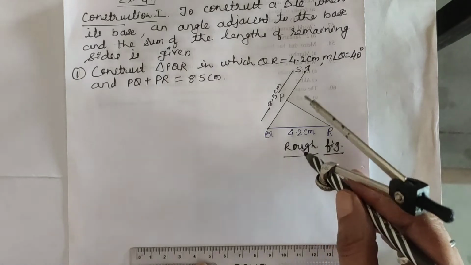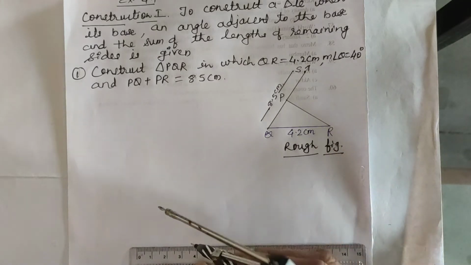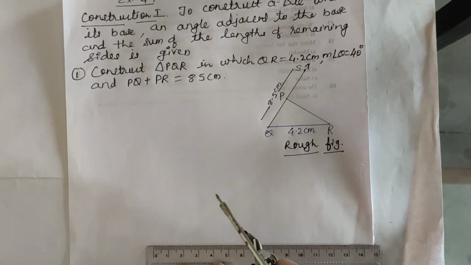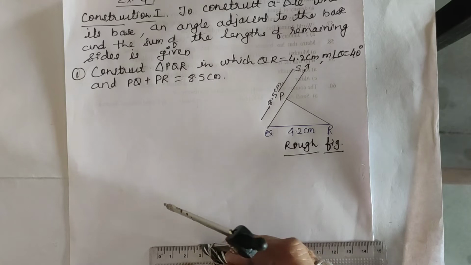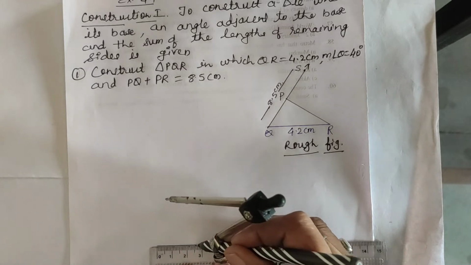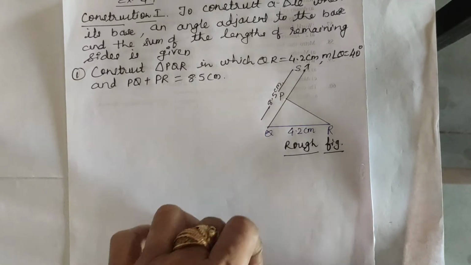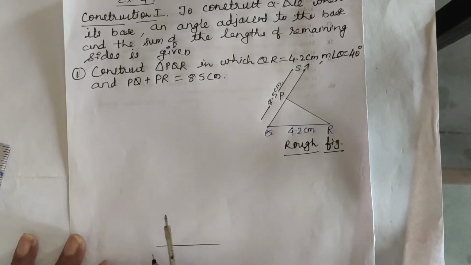How many centimeter? 4.2 centimeter. So this is 4.2 centimeter. Give the name according to the rough figure. This is QR, 4.2 centimeter.